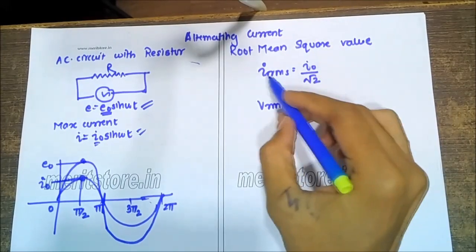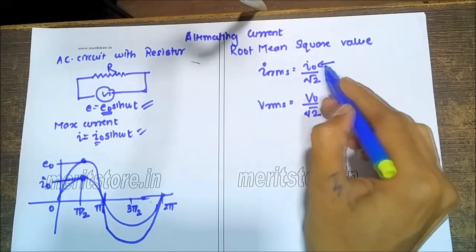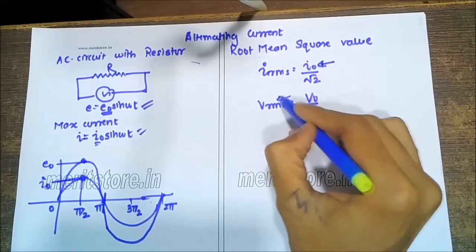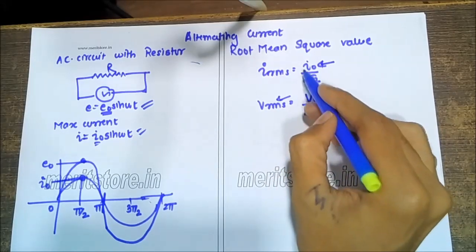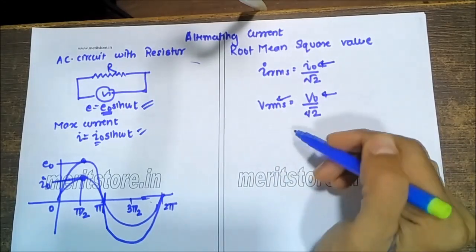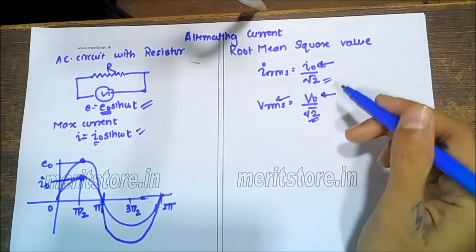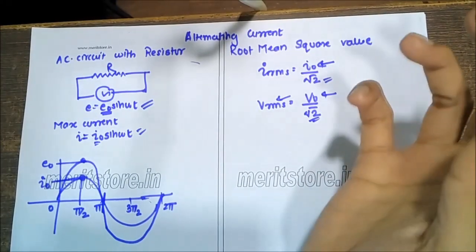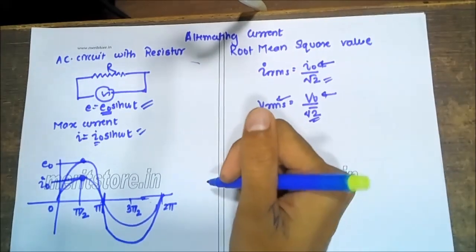Its relation to the peak value is given by IRMS equals I naught upon root 2, and VRMS equals V naught upon root 2. This formula is very important if we need to convert the peak value of the voltage or the current into its root mean square value.